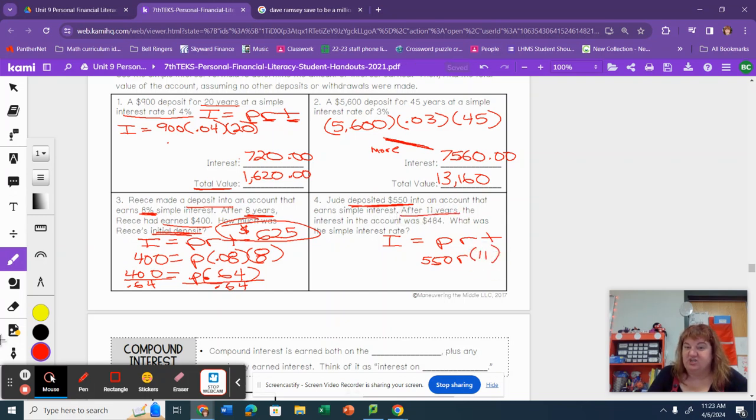Do we know what she earned in interest? Yes, 484. Okay, I'm going to let you figure that one out. You should be able to get this. And then the answer is the rate ends up being 0.08, which, what percent is that? 8%. Okay.